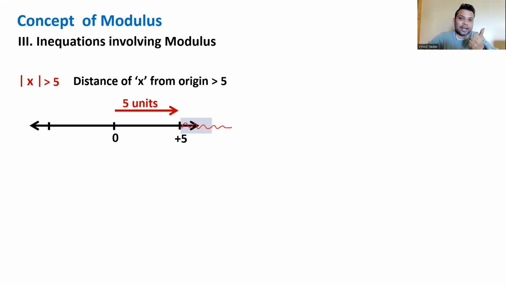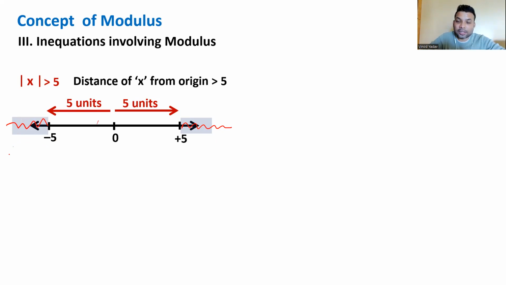Similarly, on the left side, the mirror image part, till -5, the distance will be exactly 5, yes or no? But I want the distance to be more. Distance to be more means keep on going forward, that is to the left of -5. So for these values of x, the distance of x from origin will be more than 5 units, correct?